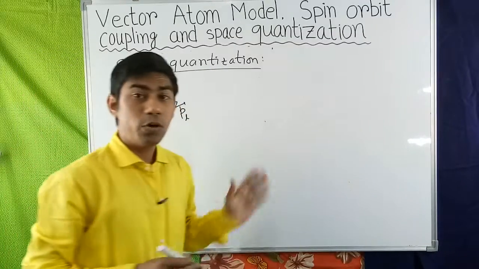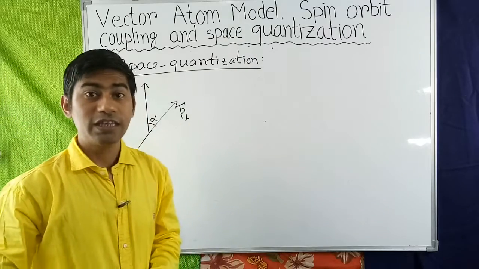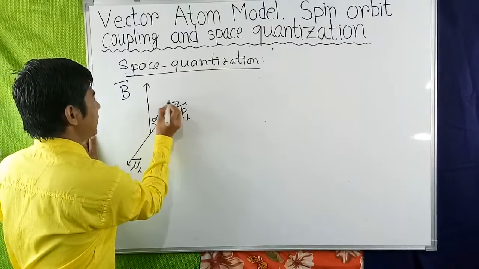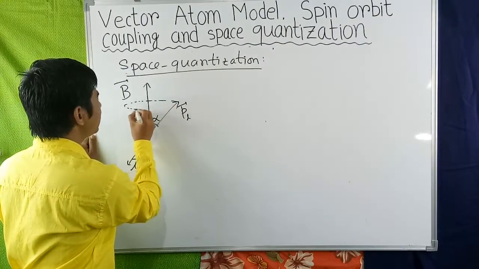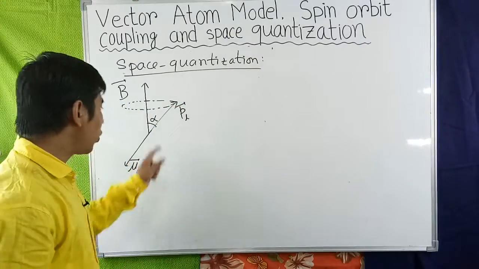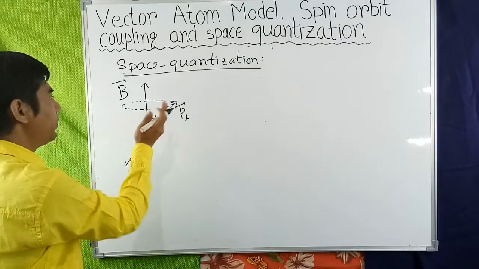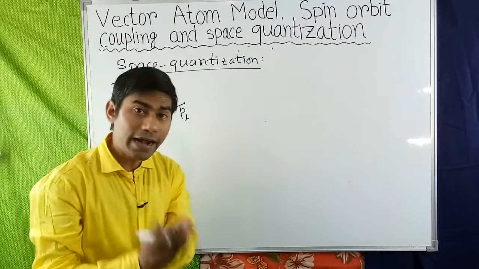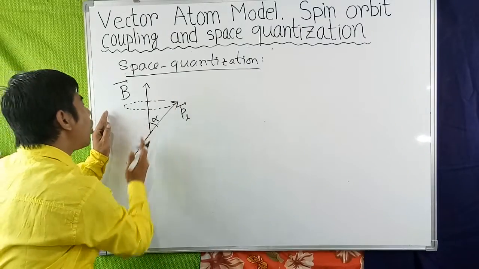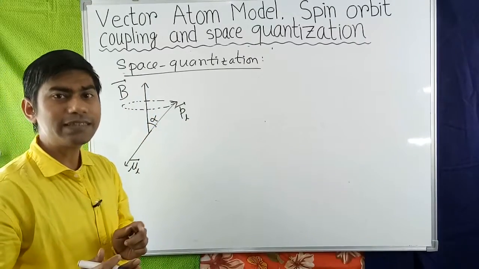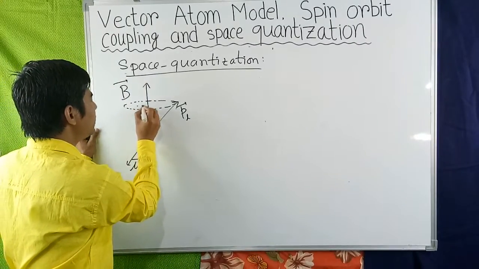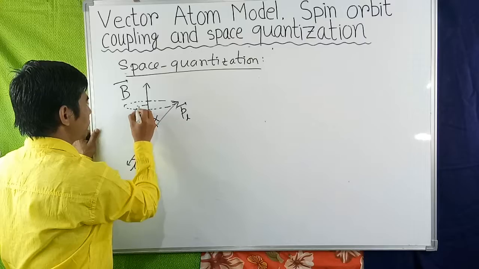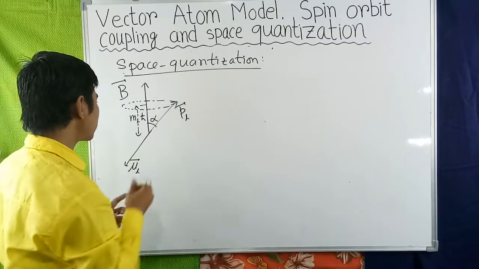Now when B is relatively strong, the spin orbit coupling will break down and PL will precess around the direction of B, maintaining constant angle alpha, and the projection of PL on the direction of B is quantized, that is ML into h cut. So this is ML into h cut.